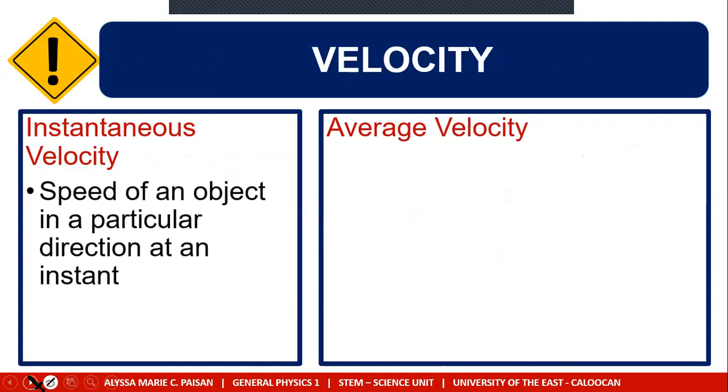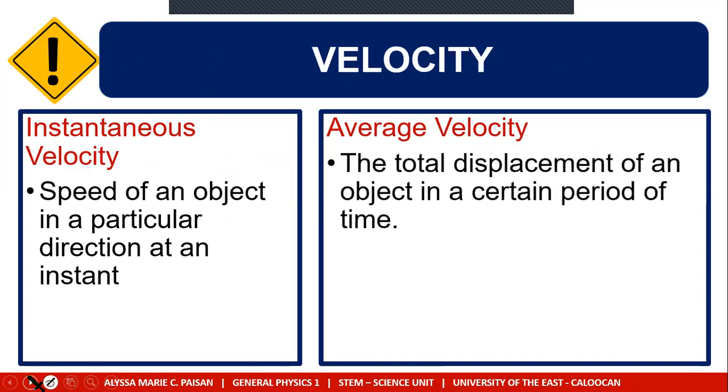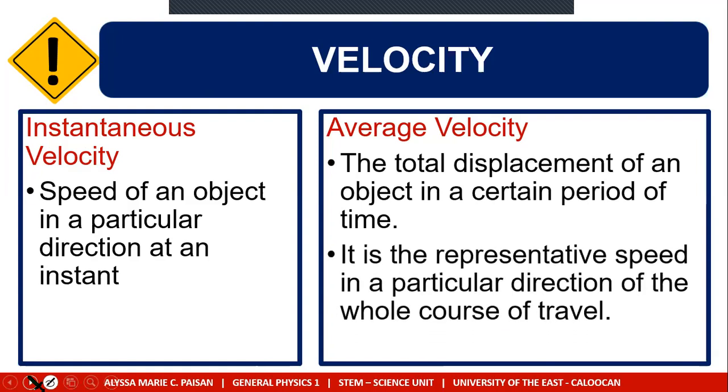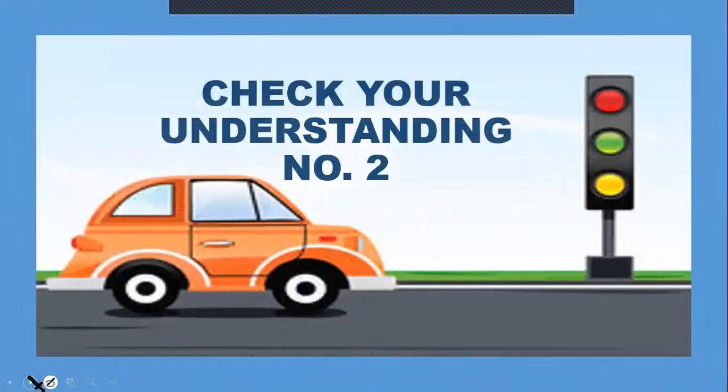Instantaneous velocity is just the speed of an object in a particular direction at an instant, while the average velocity is the total displacement of an object in a certain period of time, or the representative speed in a particular direction of the whole course of travel.